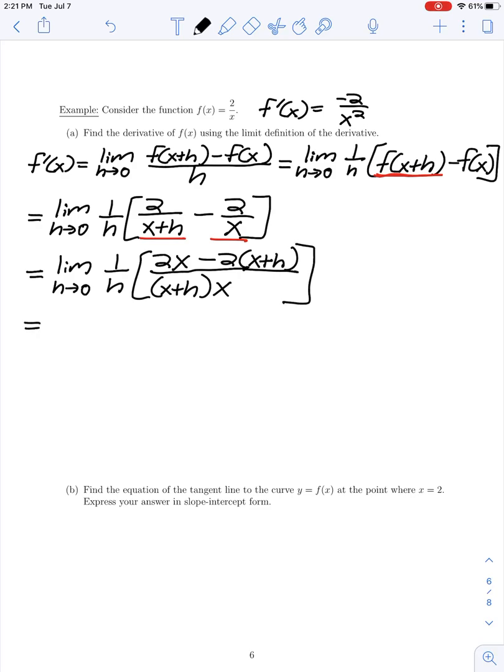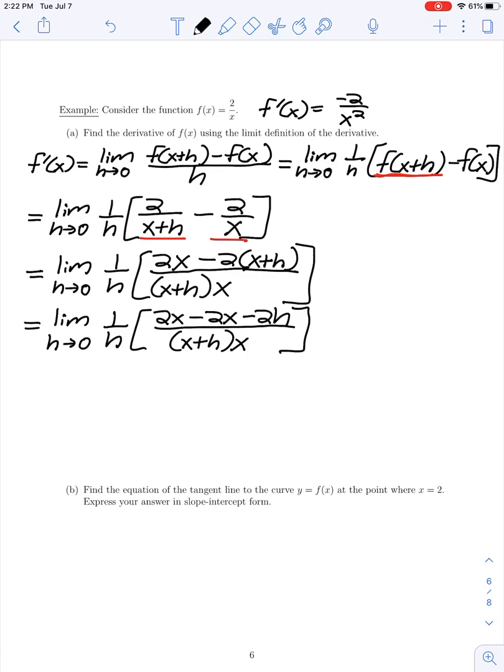So let's see what this gives us. We have the limit as h approaches 0 of 1 over h times, in our numerator, we have 2x minus, if we distribute, 2x minus 2h, and the whole thing is divided by x plus h times x.